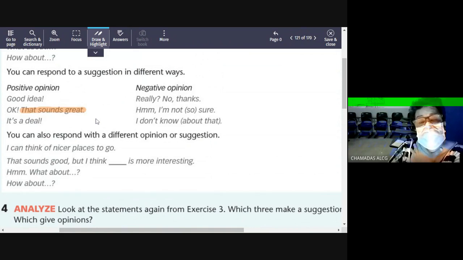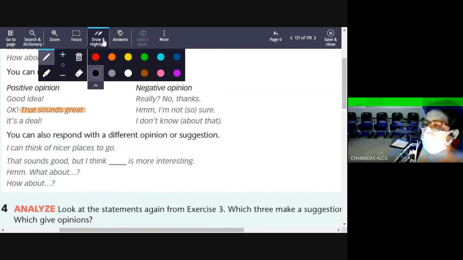Oh, that sounds great. How can we get there? How much is the ticket? You start getting practical, right? How do we get there? How much is a round trip ticket? That's a good question to ask.